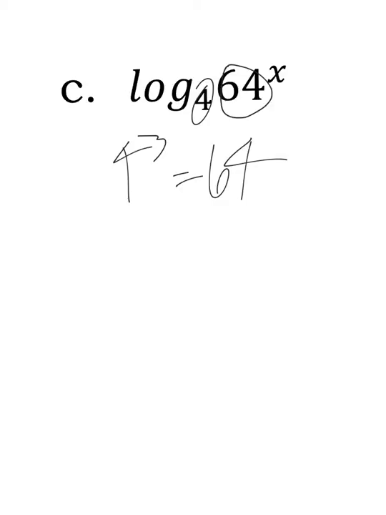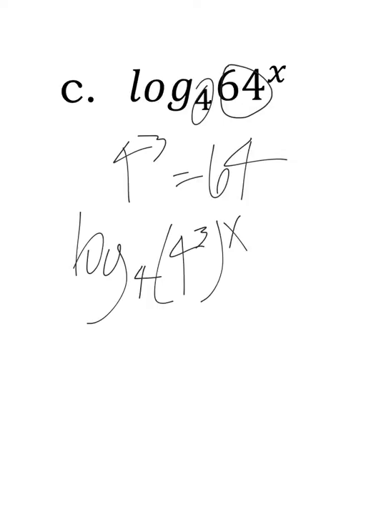So with that being said, I can rewrite this as log base 4 of 4 to the third power, to the power of x. You don't have to write the parentheses. If you raise a power to a power, it's the same thing as multiplying them together. So I can just write this as log base 4 of 4 to the power of 3x.